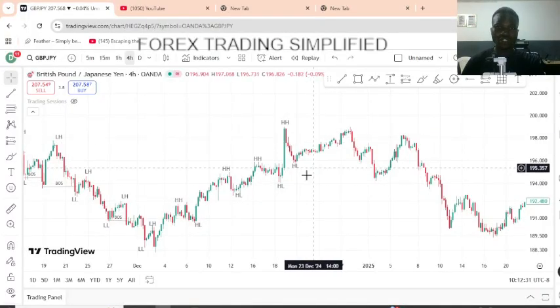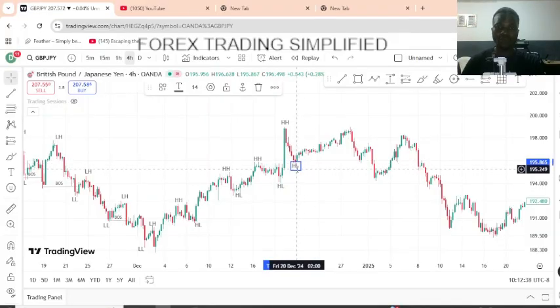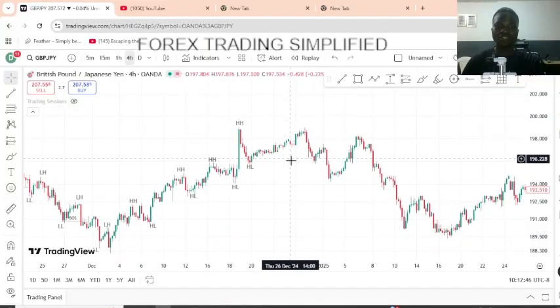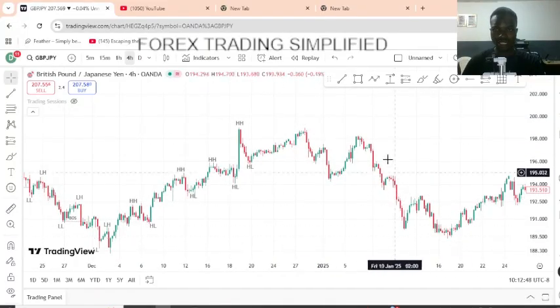And that is what you are seeing in the market now. Since the market has created a higher low here, we expect that the market should break through this recent high, but the market refuses to break through this recent high. Then the market turns to selling again.